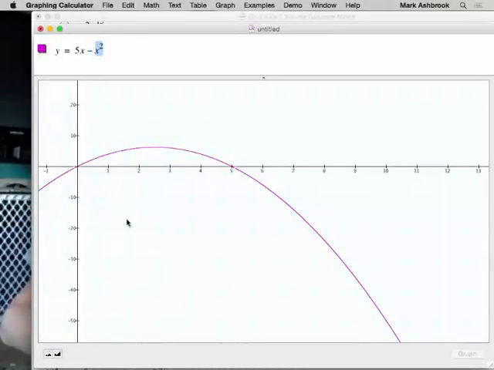Okay, there we go. So here it is. And now we're going to integrate from 0 to 8.